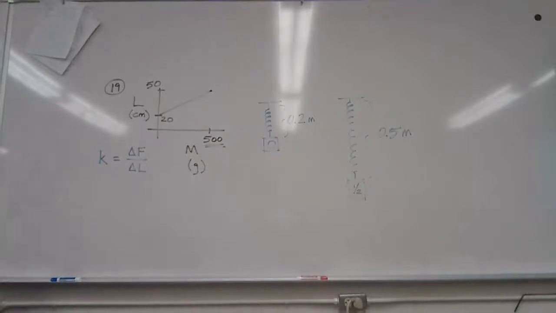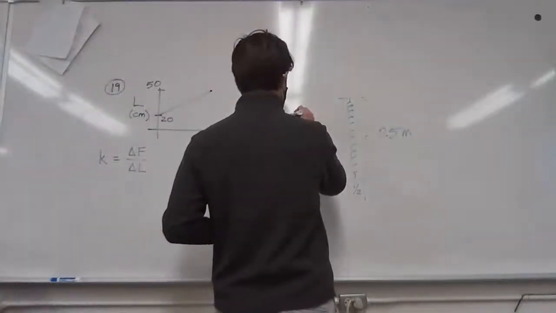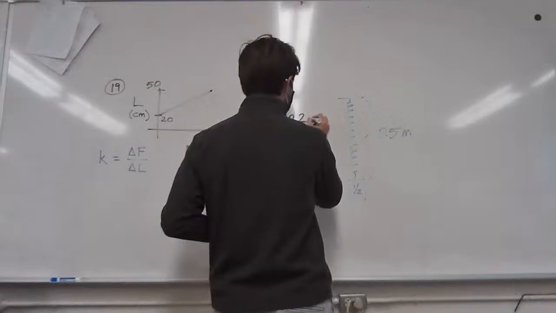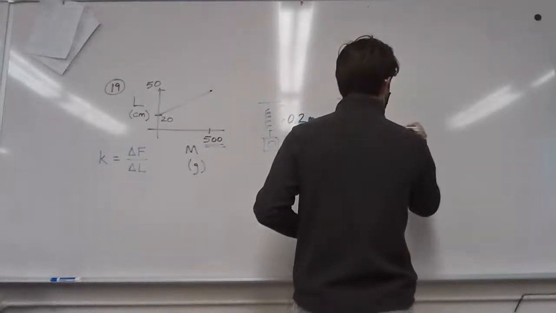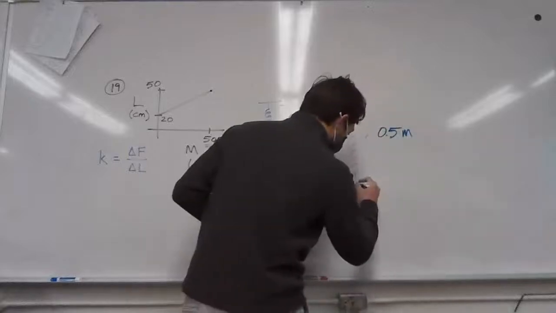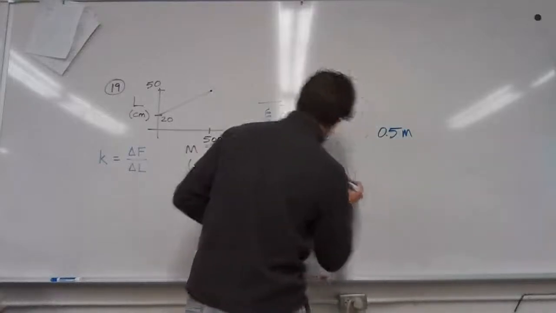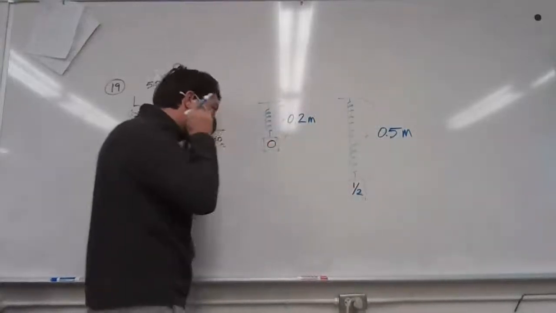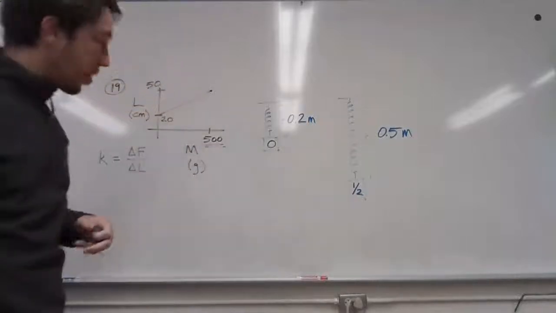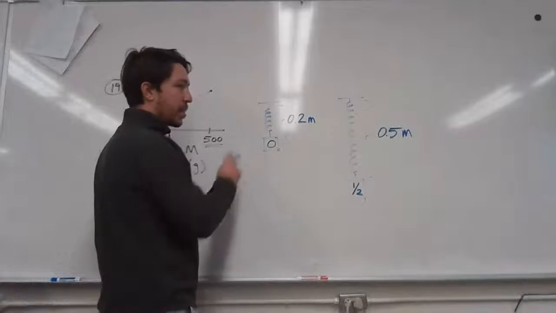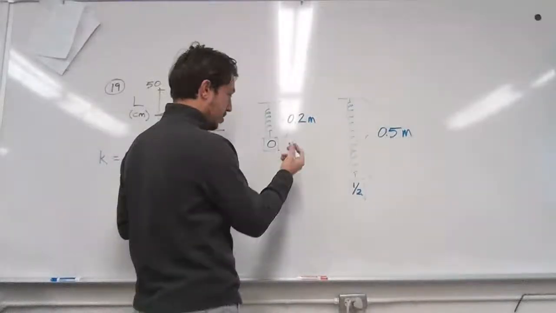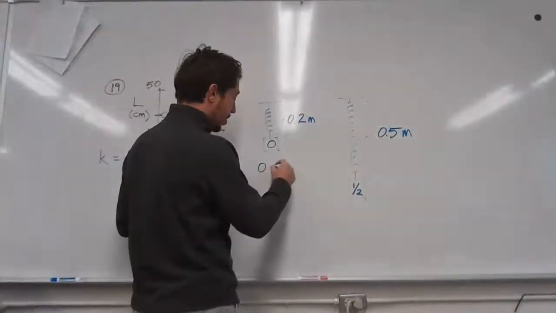Okay. Who got the answer? Here, I'll make this a little bit darker. Okay, so how much force was the spring exerting when there was nothing attached to it? 0. So this corresponds to 0 newtons.